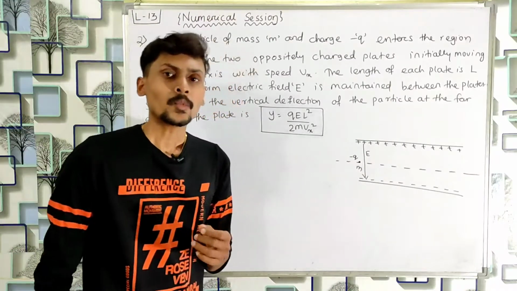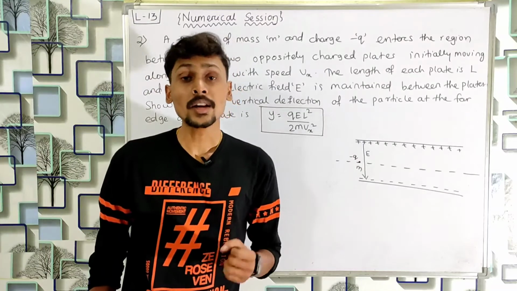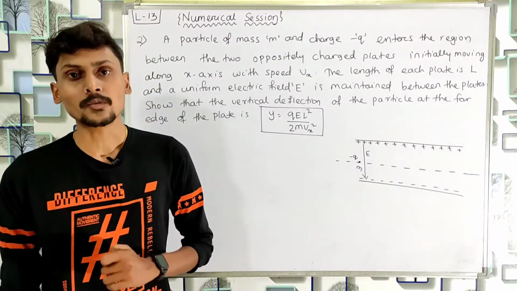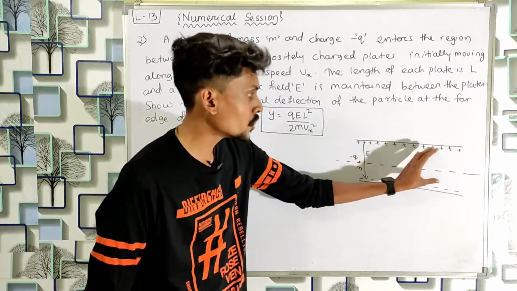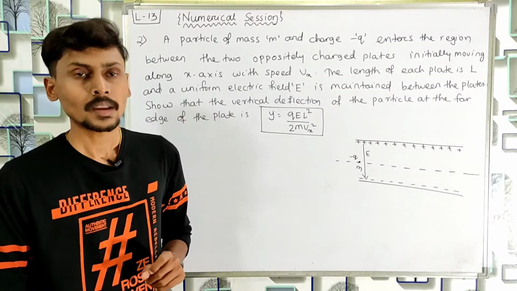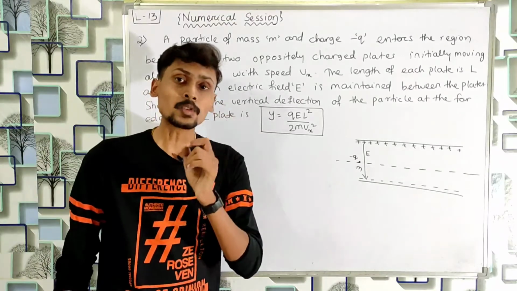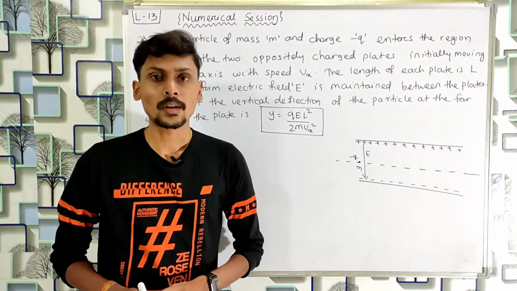So we know that when a charged particle enters into a region of electric field, it experiences an electrostatic force. So when this charge minus q will enter into this region, there will be an electric force on the negative charge. And we know that a negative charge experiences force in the opposite direction of electric field.